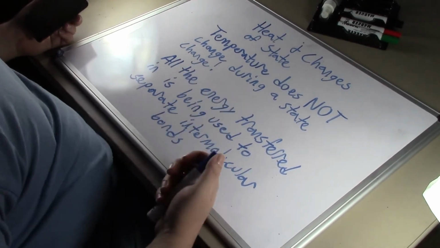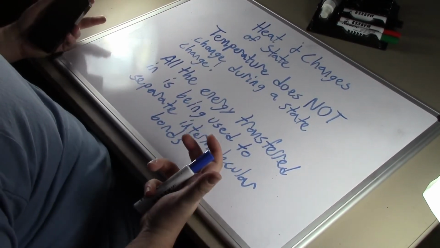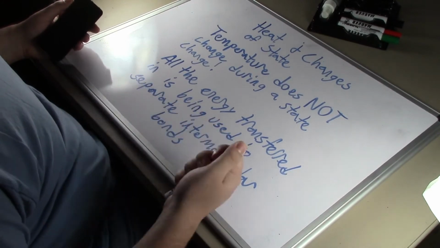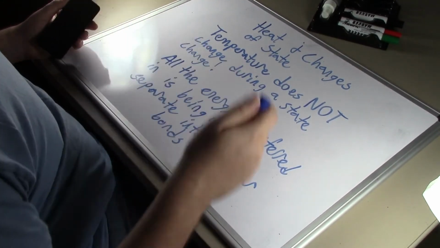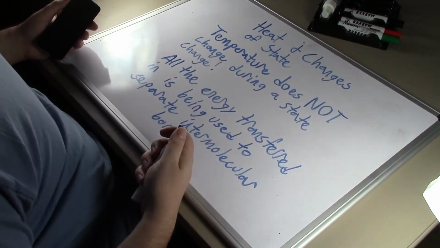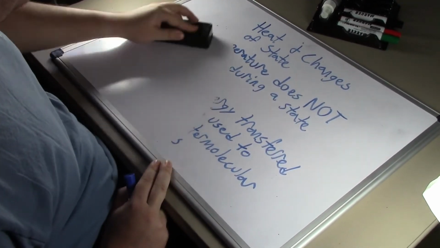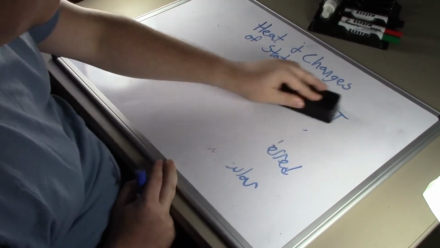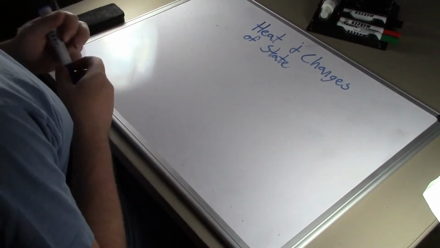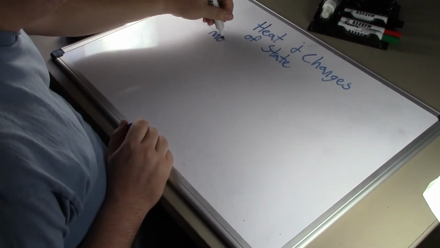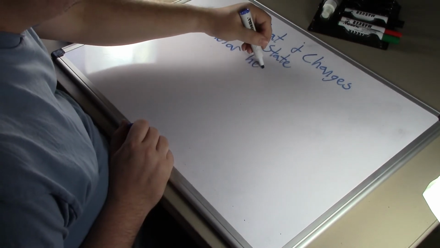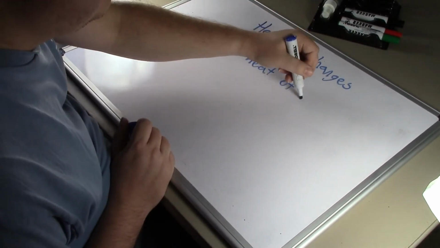So we have variables describing each of these. The energy that goes in to change a solid to a liquid, the energy that it takes to go from a liquid to a solid, all of those have their own little variables, and we're going to talk about each one of them. So the first one is the molar heat of fusion.